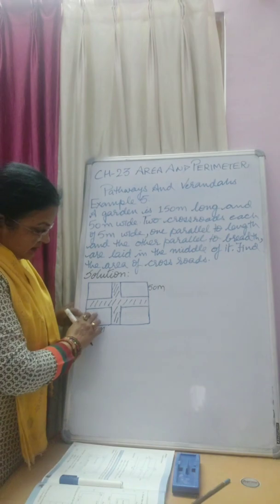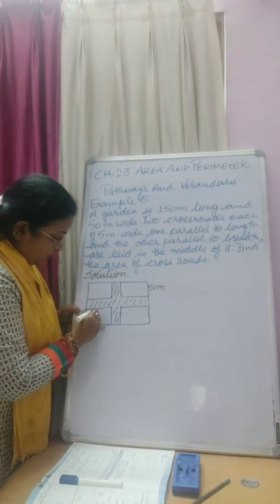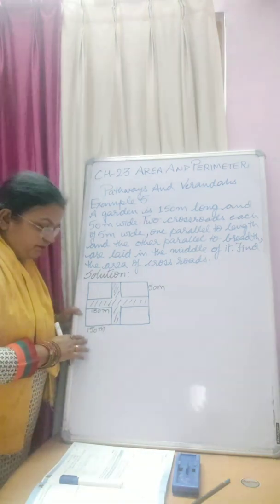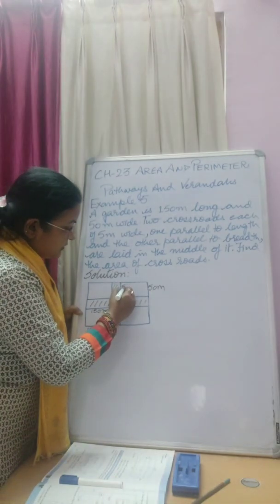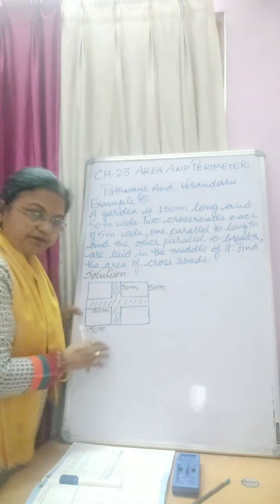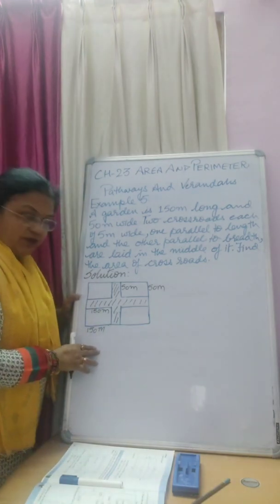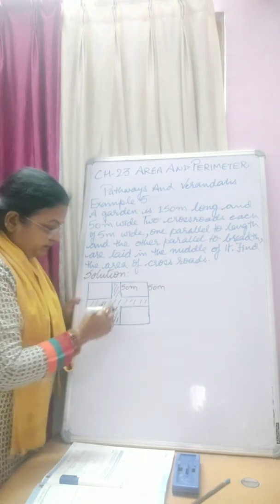So when this crossroad is parallel to the length, this is also 150 meter, and when this crossroad is parallel to the breadth, this is 50 meter because it is parallel to the breadth. Now we have to find out the shaded portion area.